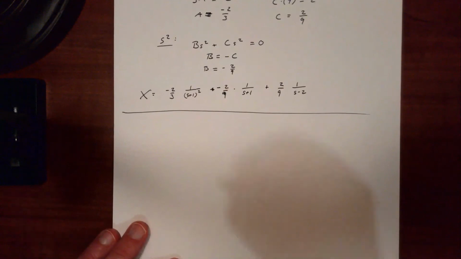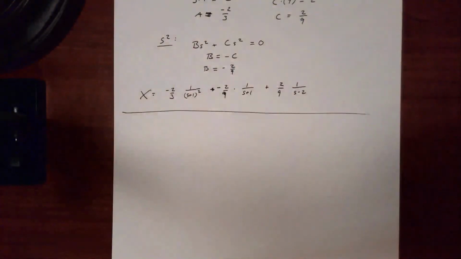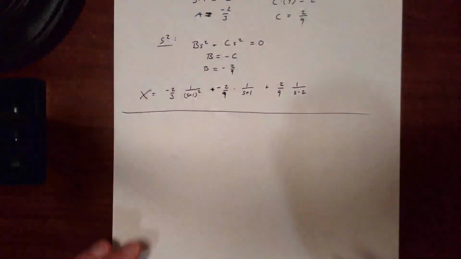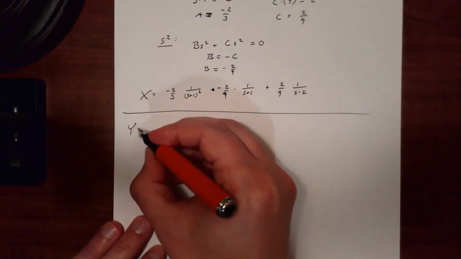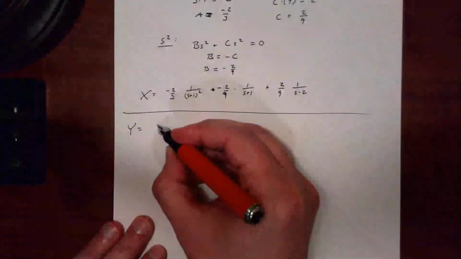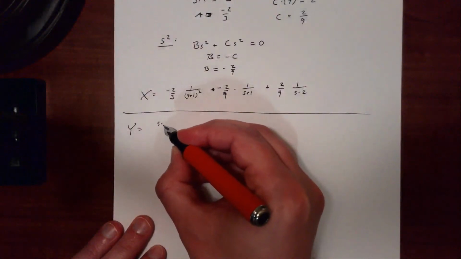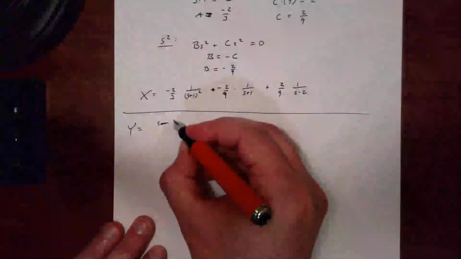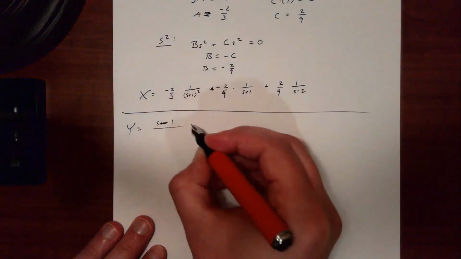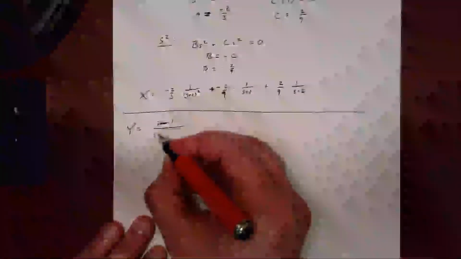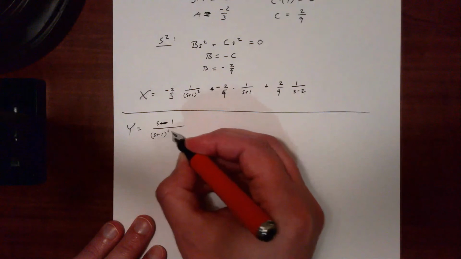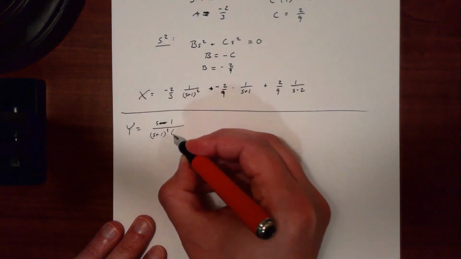Now, before we take the inverse Laplace transform of that, let's deal with the y. So the y that we had here, capital Y, was equal to s minus 1 on the top, divided by (s plus 1) squared (s minus 2).